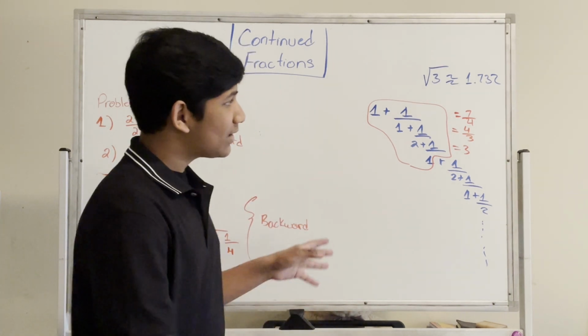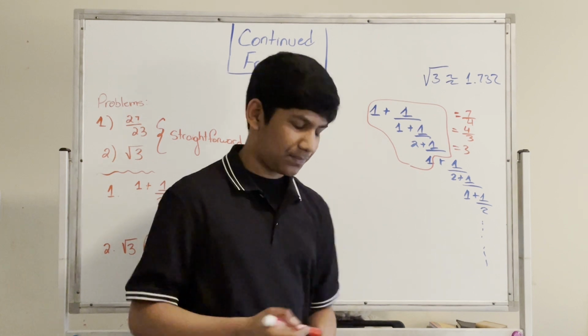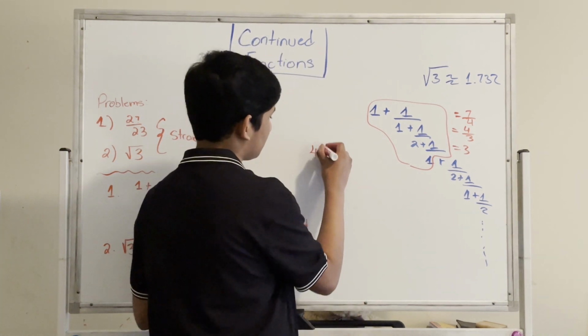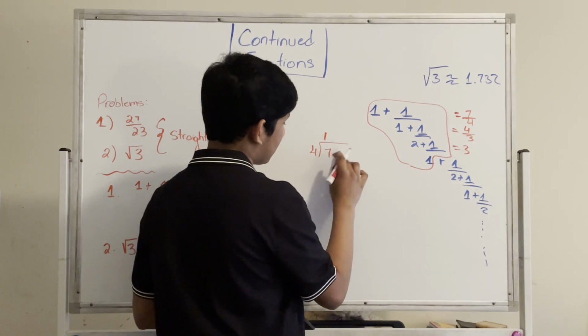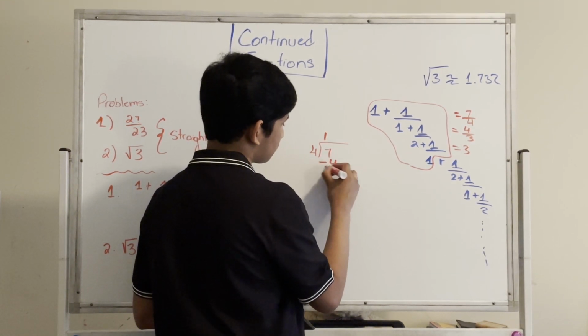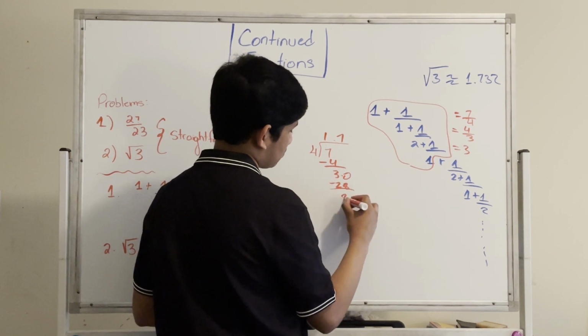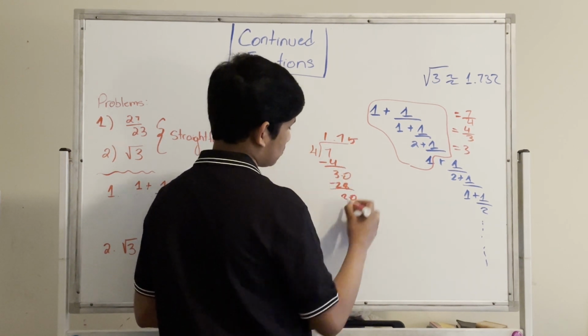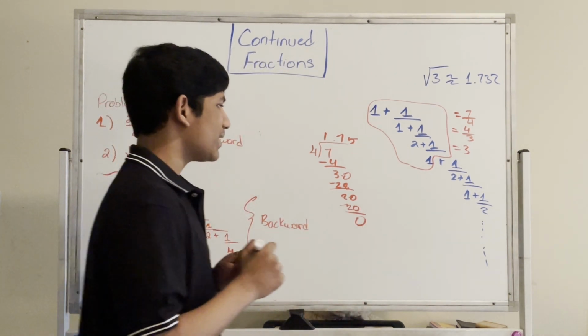Now, is this a good approximation to 1.732? Let's see. When doing this, we see that we get 1.75.